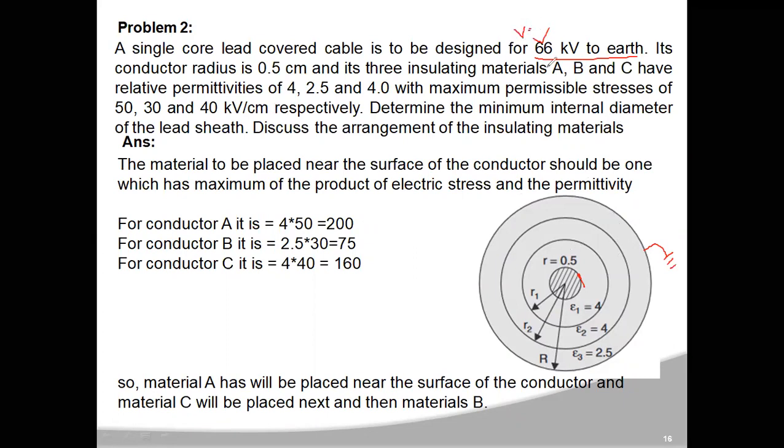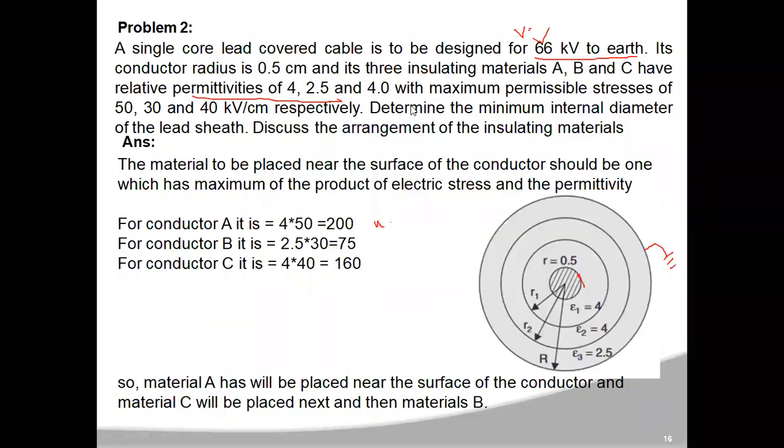And you have three dielectric materials A, B, C having permittivities 4, 2.5, 4, and maximum stresses given as 50, 30, 40 for A, B, C respectively. Now how can you place the dielectrics?